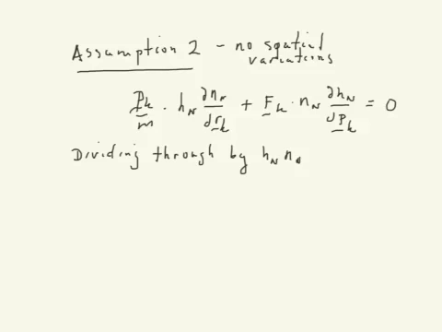And now we can divide through that equation by the product h sub n times n sub n to obtain an equation that looks like this.